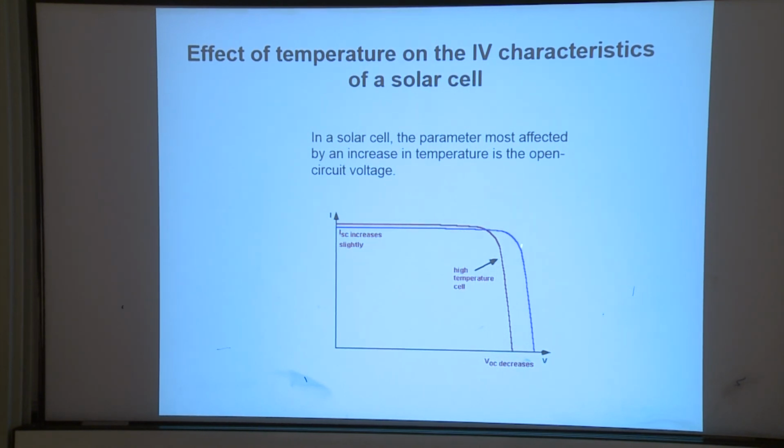The blue line, now you already know the characteristic IV curve of the photodiode or solar cell. This is a typical curve for a solar cell measured at low temperature, and the red one is measured at high temperature. As you can see, the solar cell is made of semiconductor. So current increases or decreases? Increases, a little bit, yes.